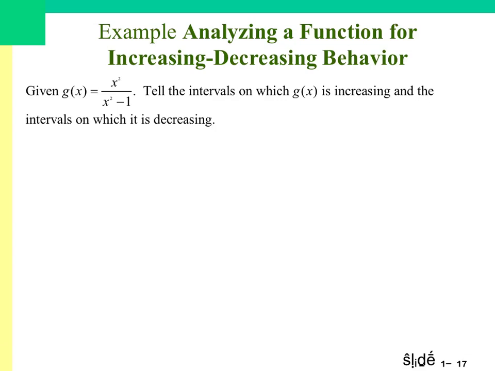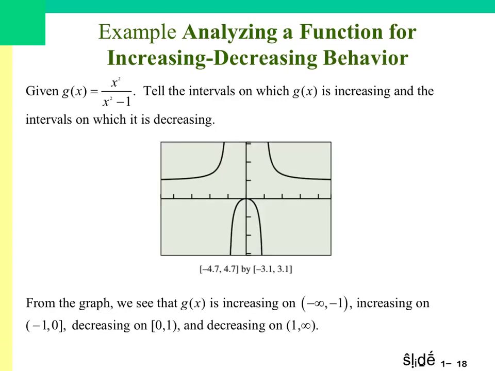Example, analyzing a function behavior, increasing or decreasing. Tell which intervals g of x is increasing and the intervals in which it's decreasing. So if we look left to right, it's going up.